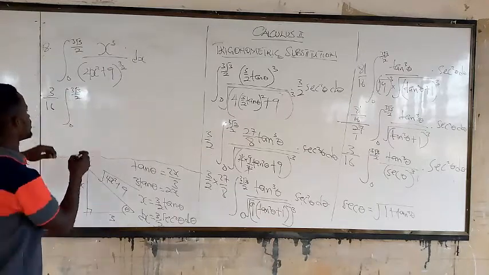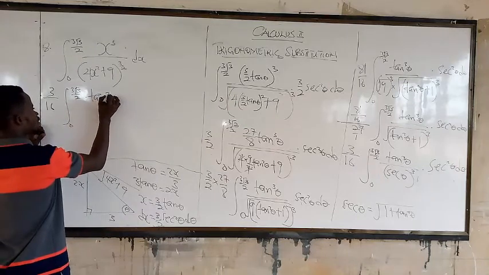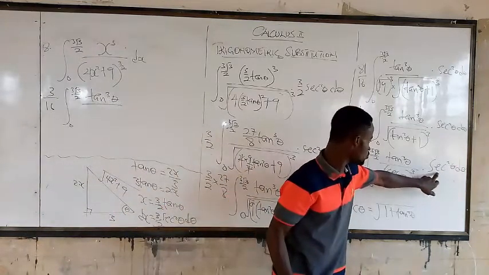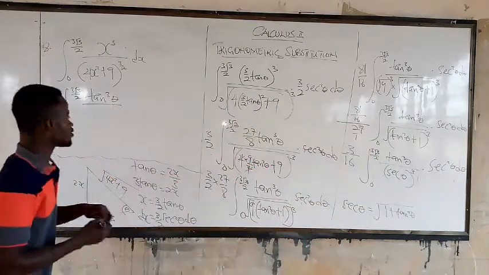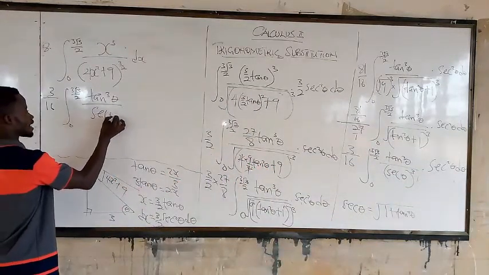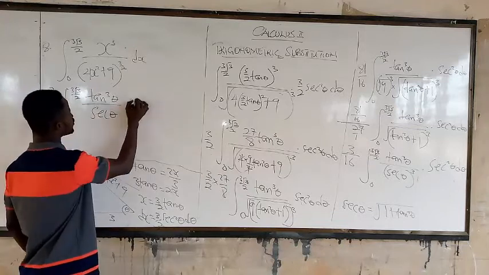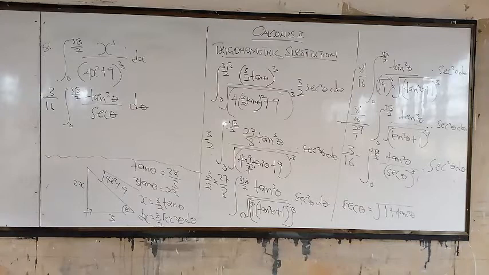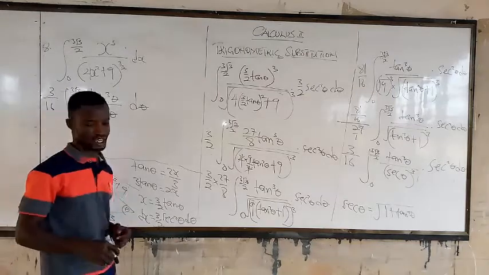Now here tan raised to the power 3 theta over sec theta cubed, this will cancel this to be left with 1. So sec theta d theta. Alright? So that is what we are going to get there.